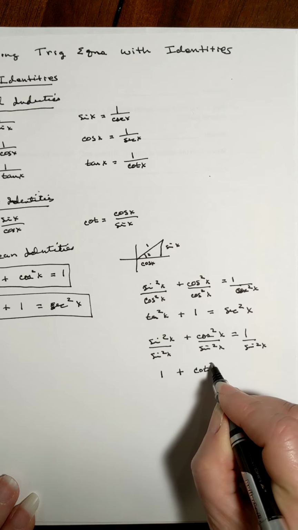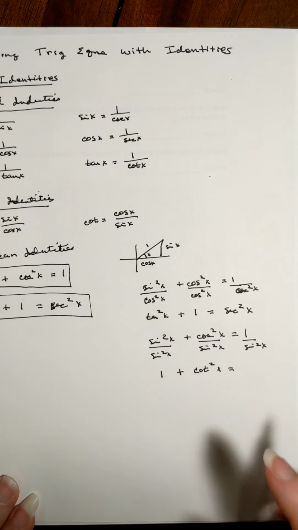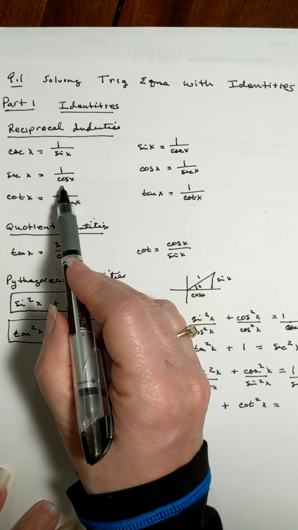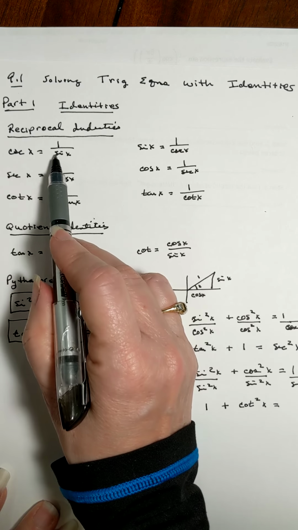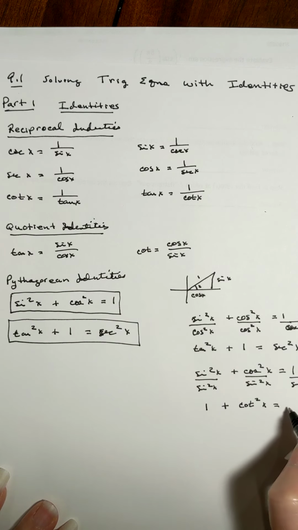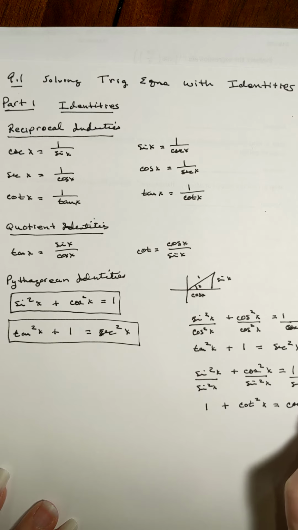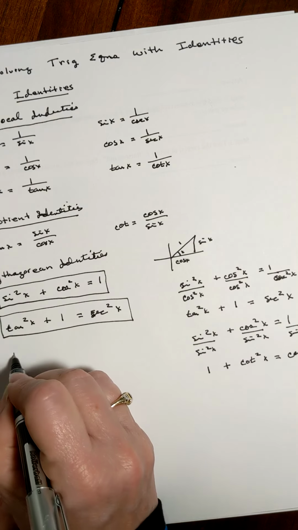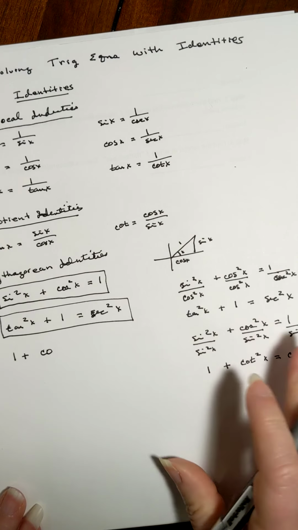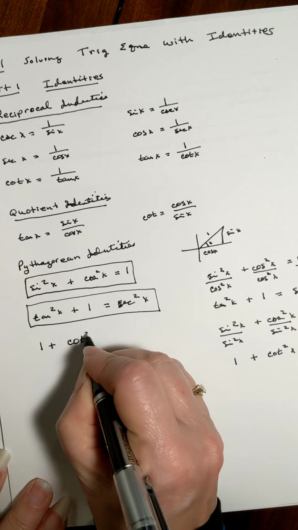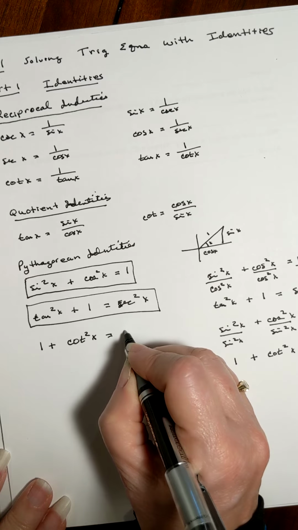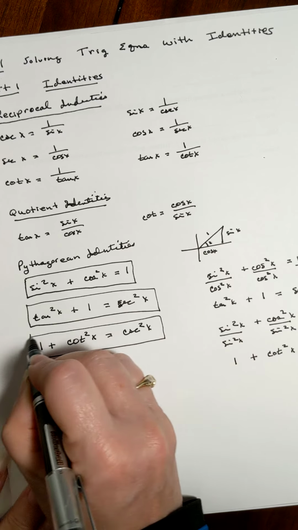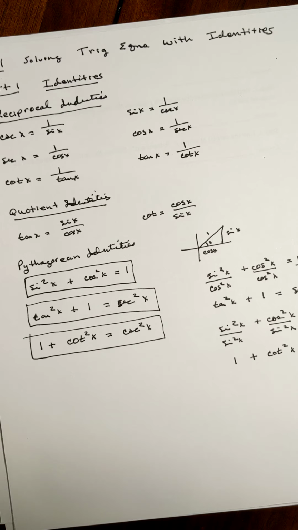So this would be cotangent squared of x. And then 1 over the sine of x is equal to the cosecant of x, so this would be cosecant squared of x. And so that gives us our third Pythagorean identity, 1 plus cotangent squared of x is equal to cosecant squared of x. So those are the three Pythagorean identities.